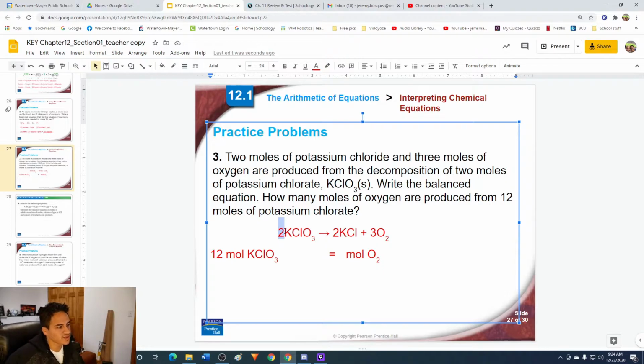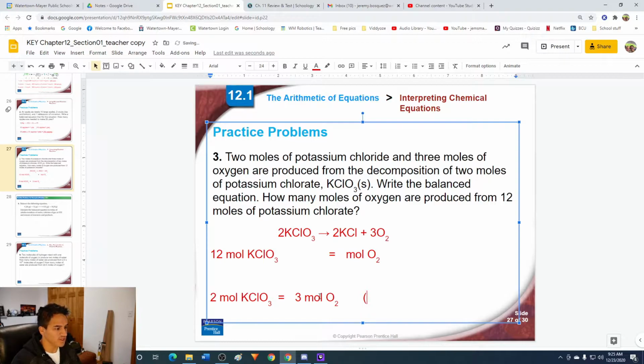So this reaction here is like our recipe. It tells us how much of everything we need for this recipe to work. So 2 KClO3 means that for every 2 moles of potassium chlorate that we use, we will make 3 moles of O2. That is the ratio. It's a 2 to 3 ratio.